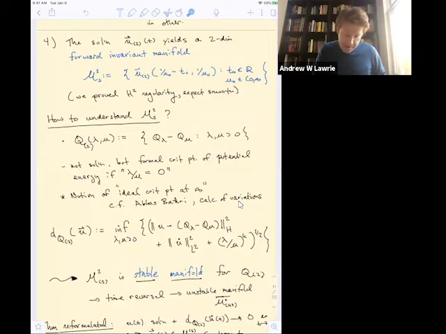And how to understand this? Well, consider any two bubble configuration like this. I have a bubble and an anti-bubble, and lambda and mu are both positive: a bubble at scale lambda and an anti-bubble at scale mu. This object is not a solution.